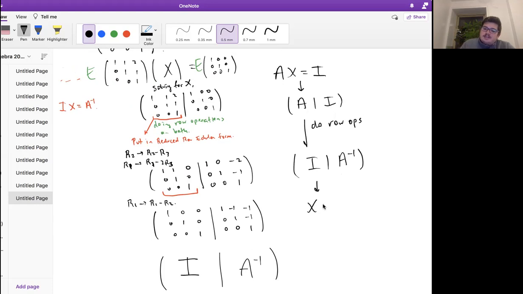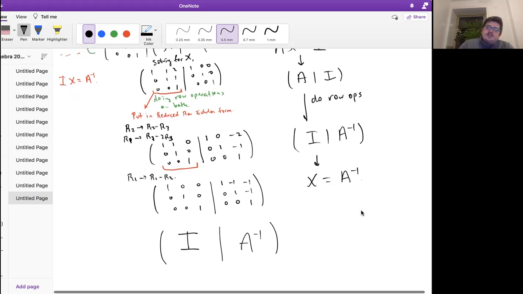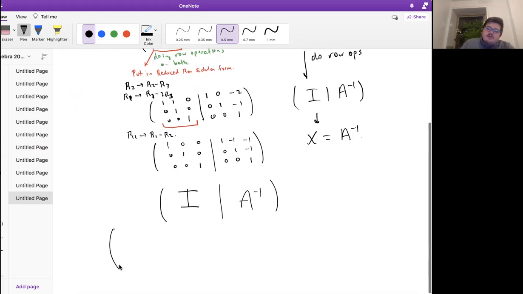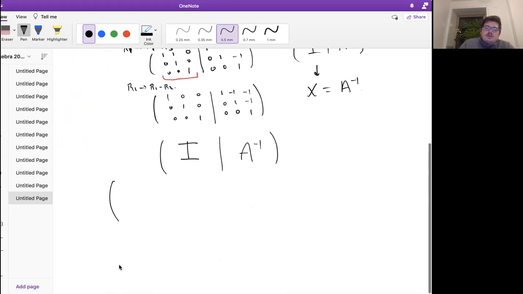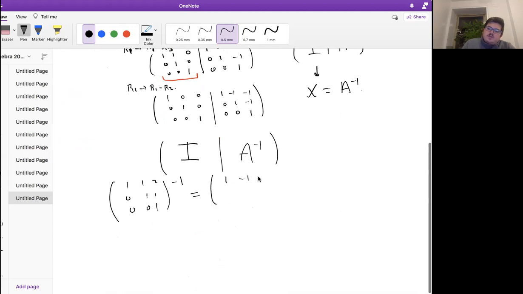We're saying that X is equal to A inverse. So what is the inverse? For 1, 1, 2, 0, 1, 1, 0, 0, 1, the inverse is 1, negative 1, negative 1, 0, 1, negative 1, 0, 0, 1.